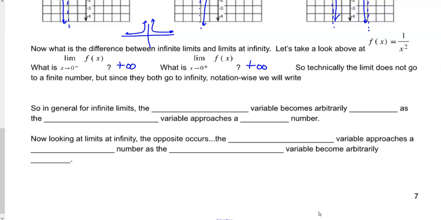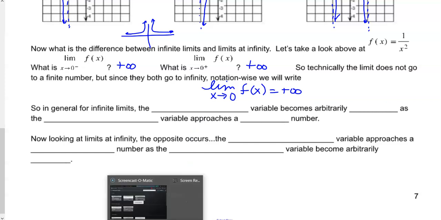So technically the limit does not go to a finite number, but since they both go to infinity, the limit from the left and the limit from the right are the same, so we can state that the limit as x goes to 0 of f of x equals plus infinity. So these are our limits, or infinite limits as we call them. Limits at infinity would be ones where we end up approaching infinity, and we'll see those in just a second.